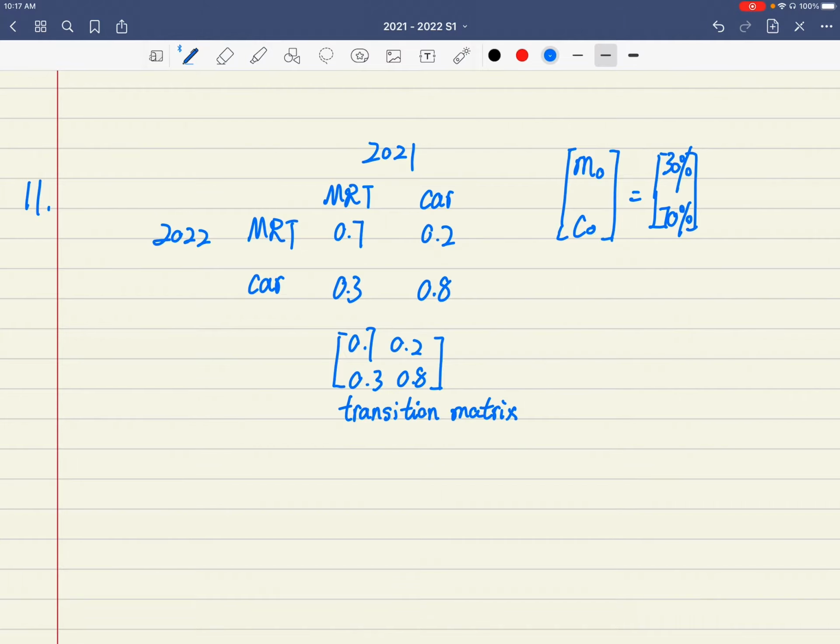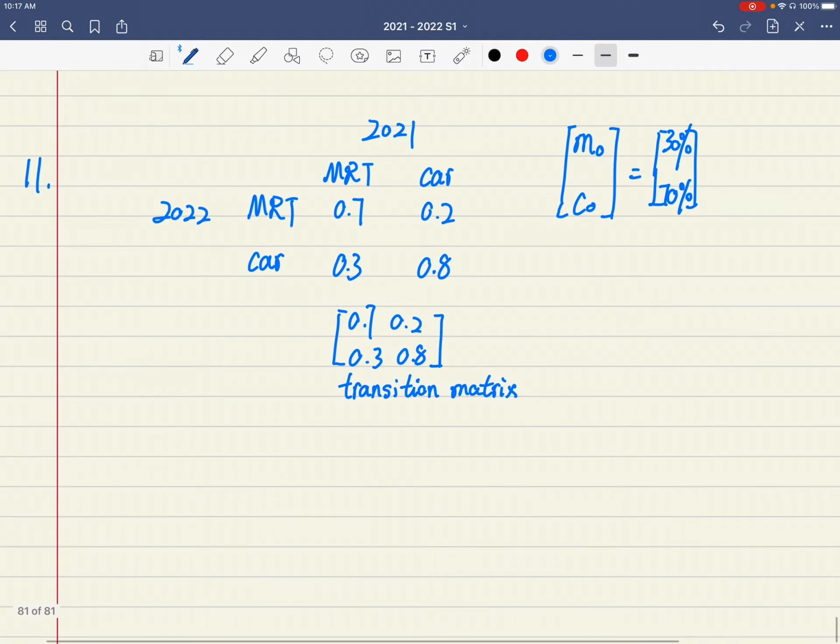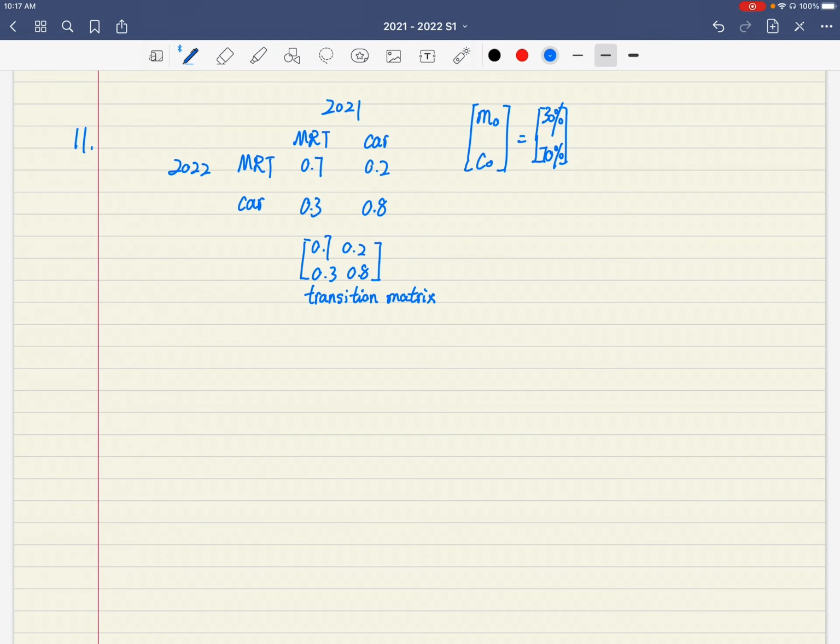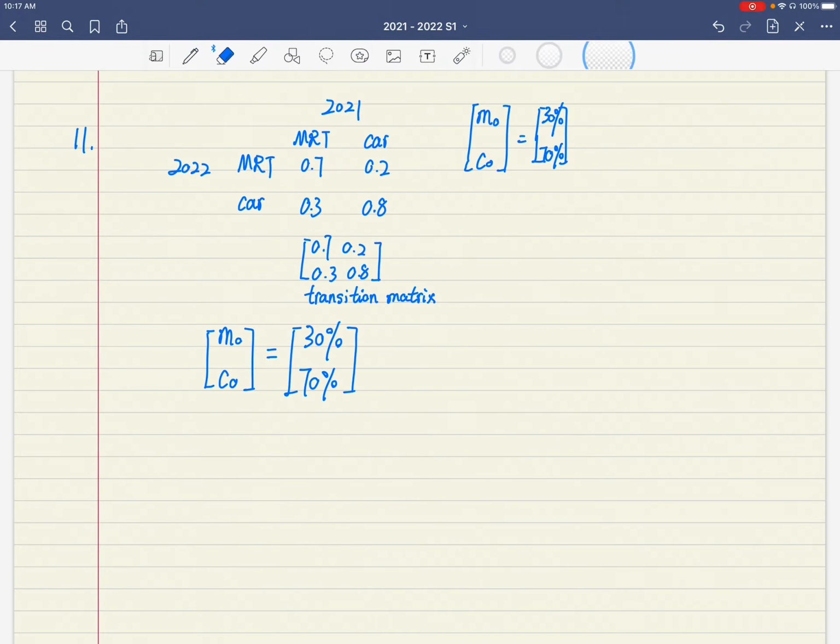So what percentage of commuters will be using MRT after 1 year, after 2 years? Initially, 70% of the total population are driving cars and 30% are taking MRT. Then you can left multiply that vector with the transition matrix.